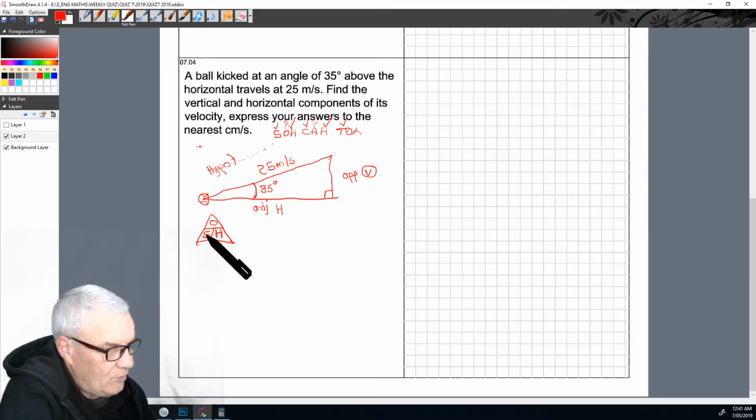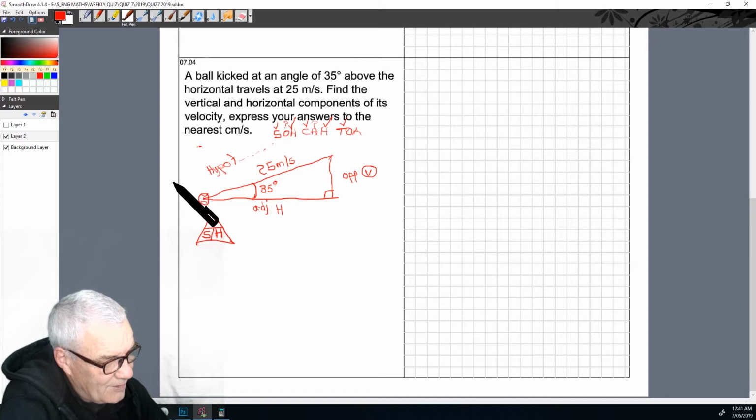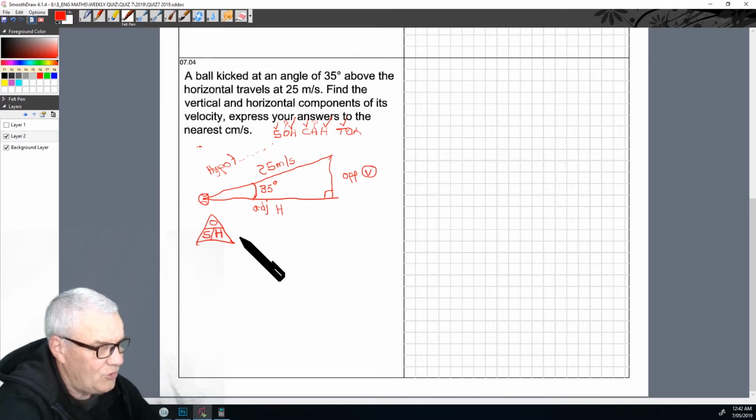So if we want to find the sine, we take the opposite and divide it. But we know the sine and we know the hypotenuse, so what you do is you just cover up the one you want, and you get sine times hypotenuse.